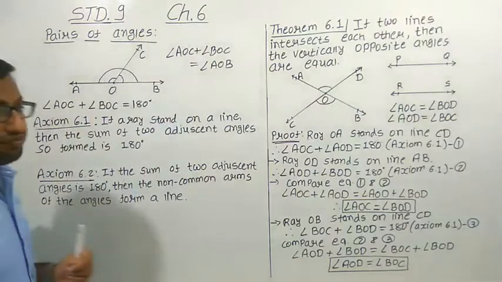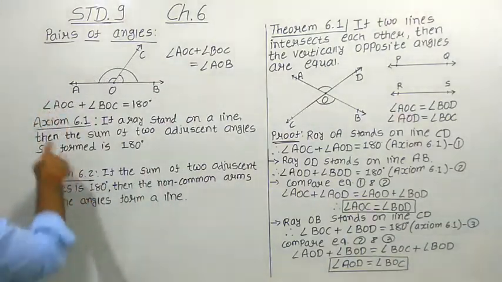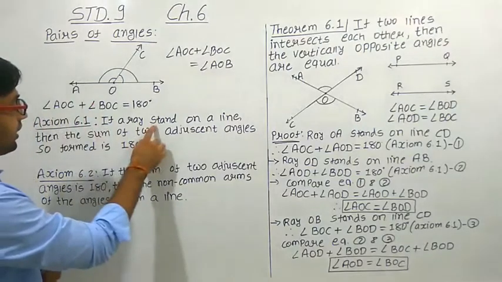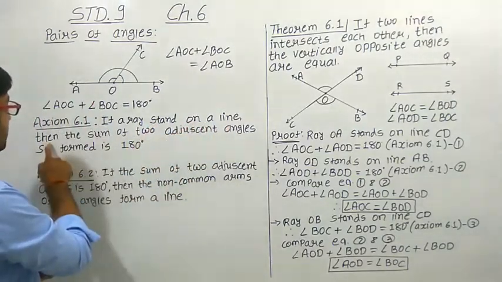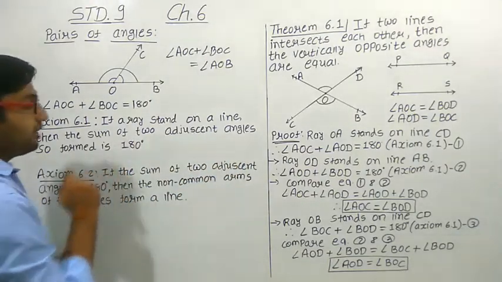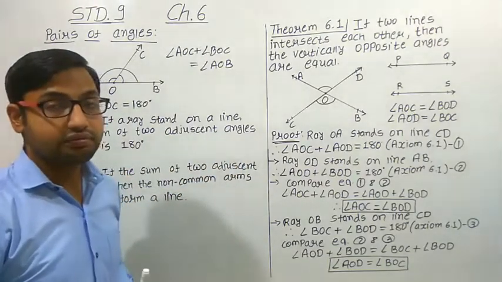So based on this, let us study axiom number 6.1, and the statement is: if a ray stands on a line, then the sum of the two adjacent angles so formed is 180 degrees.